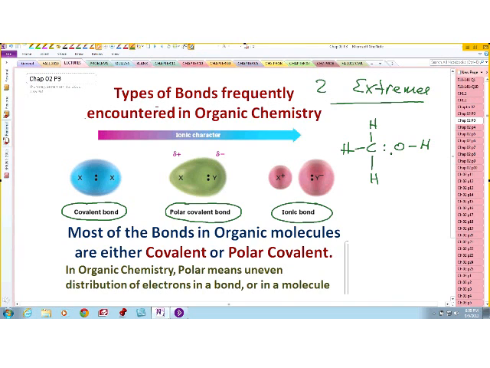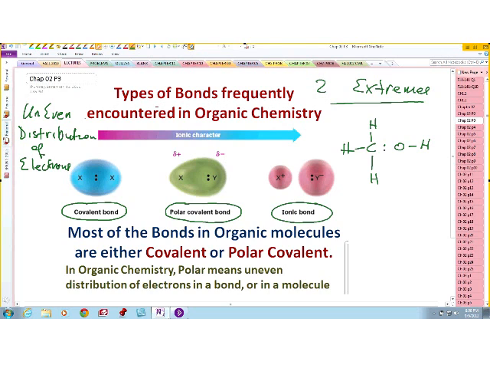Polar in organic chemistry simply means uneven distribution of bonding electrons in a covalent bond.